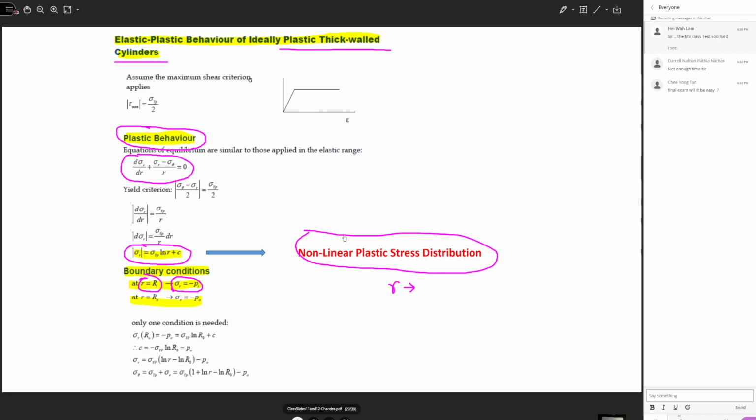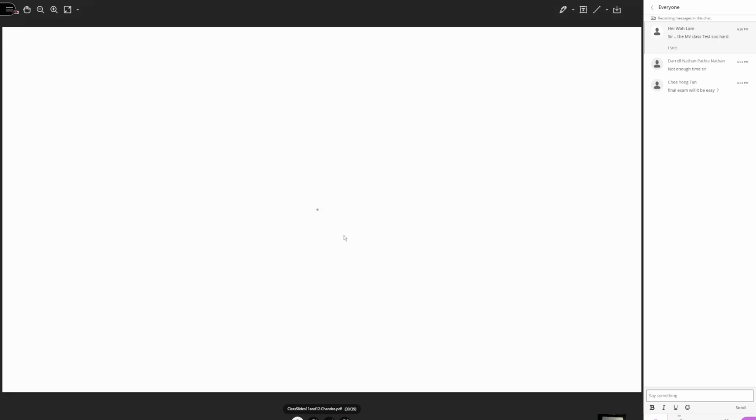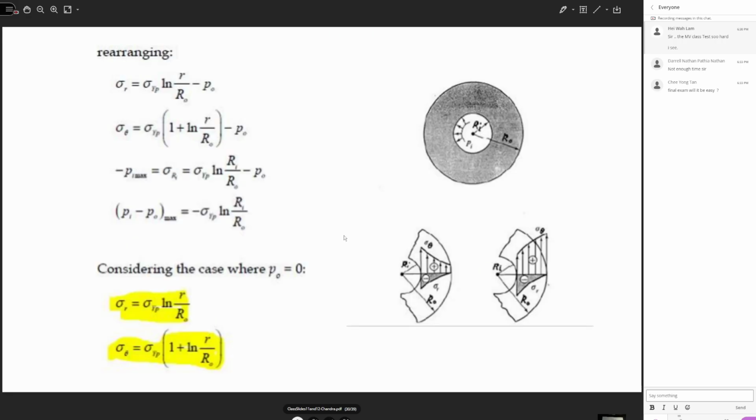Then at the outer radius, the radial stress is equal to negative of the outer pressure, Po. So this is an important expression which we know as nonlinear plastic stress distribution.